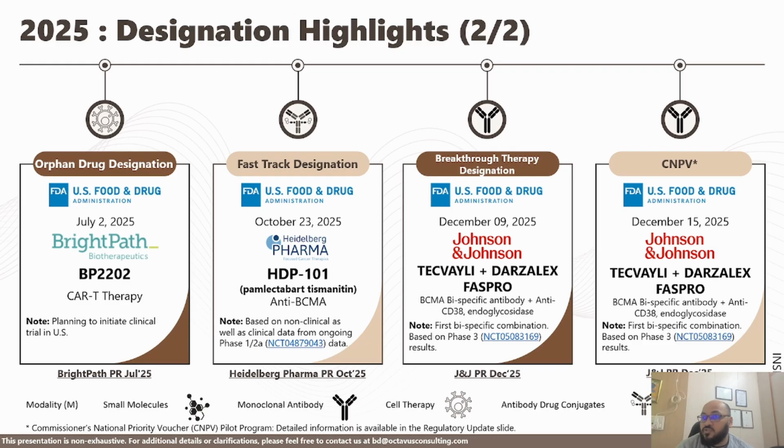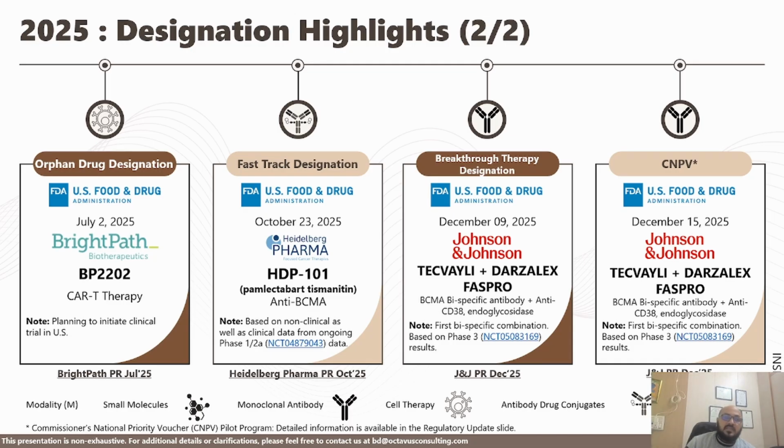FTD, and breakthrough designation for the Trivac. Johnson & Johnson received breakthrough designation recently, and I think they have also received CNPV. We will be discussing what CNPV is in the next slide.